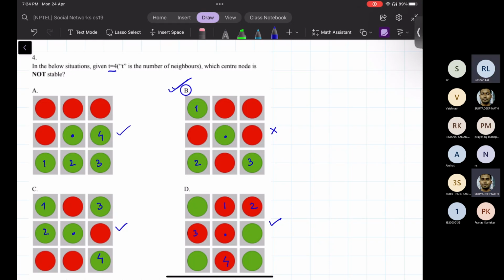If we count neighbors of the center point, we can consider positions 2 and 4, and you can also consider 1 and 3. In the 8x8 Schelling model, you consider the diagonal as well. It is not mentioned, so in this grid type of structure, if they do not mention that you have to consider only up, down, left, right, you can consider the 1 and 3 positions as well.